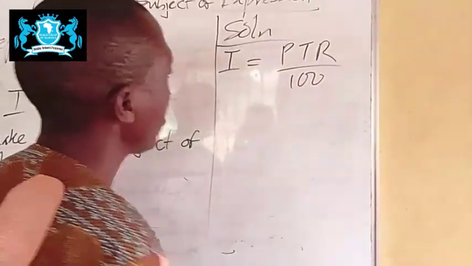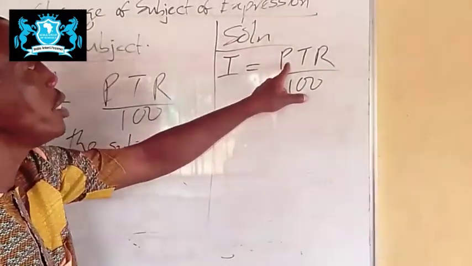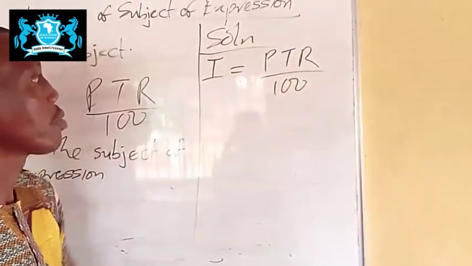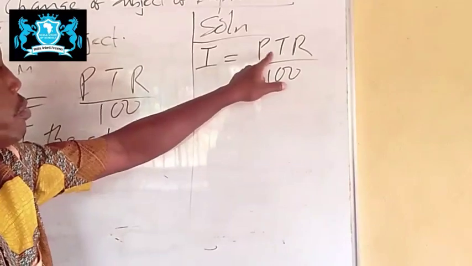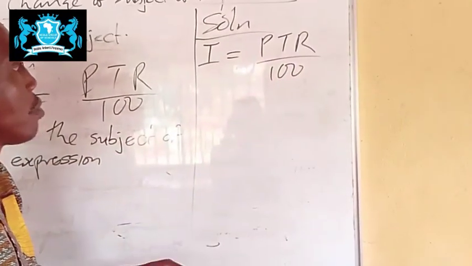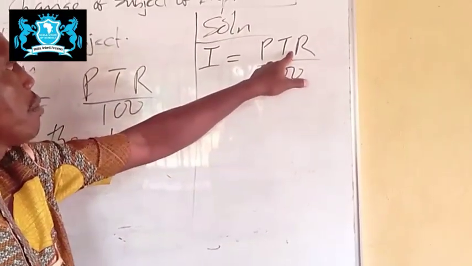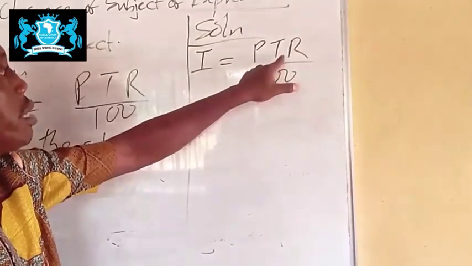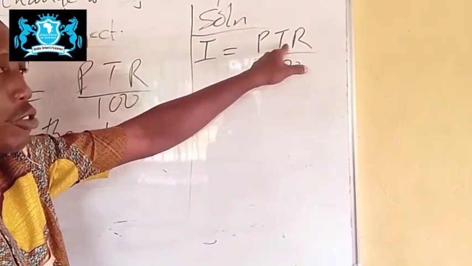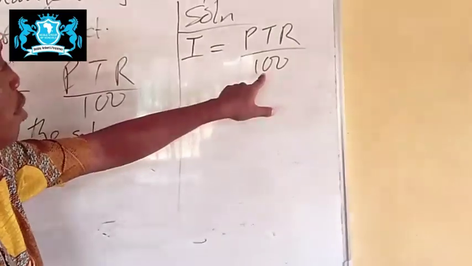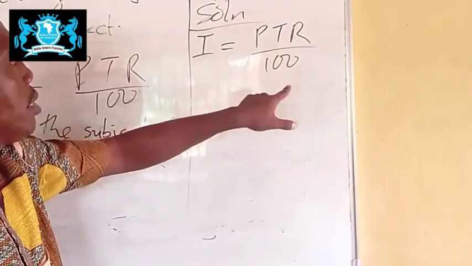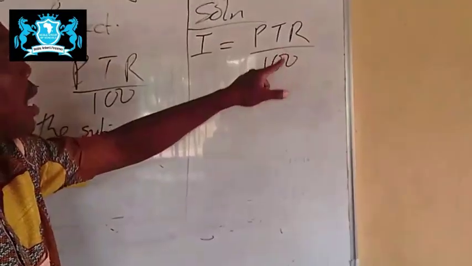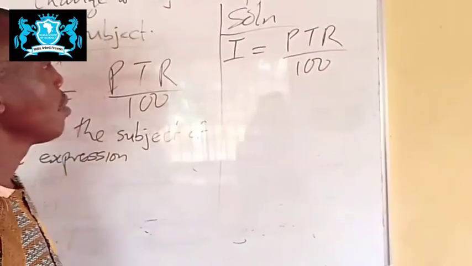First question I ask myself: how is P attached to T? It is attached to T by multiplication. How is R attached to T? It is attached by multiplication. How is 100 attached to T? It is attached to T by division.